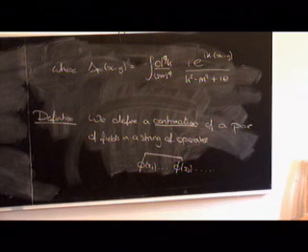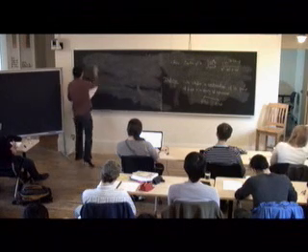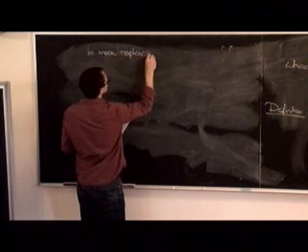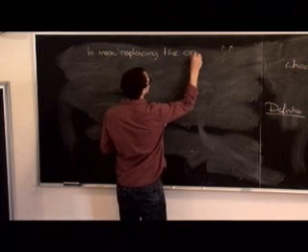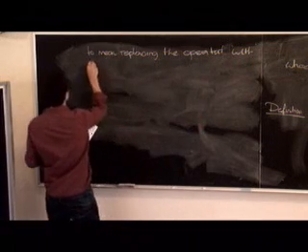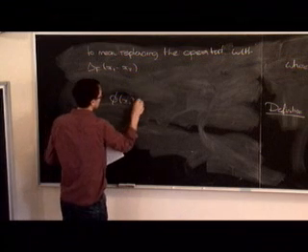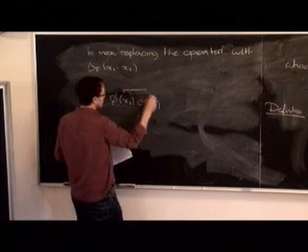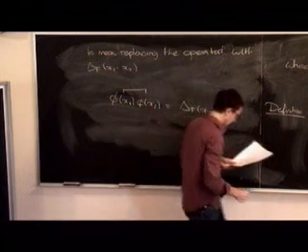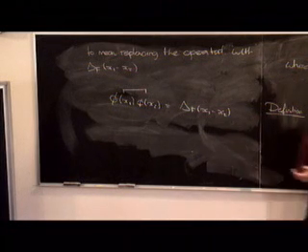So if you ever see this, I'll try and get my grammar right, we define a contraction of a pair of fields in a string of operators to mean replacing the operators with the Feynman propagator, and leaving everything else alone, okay?